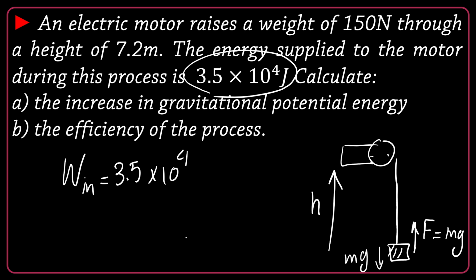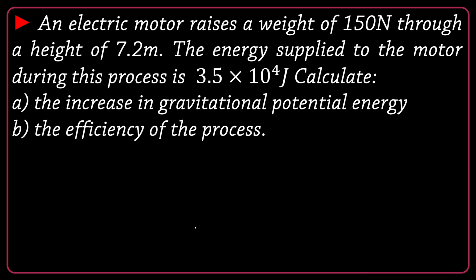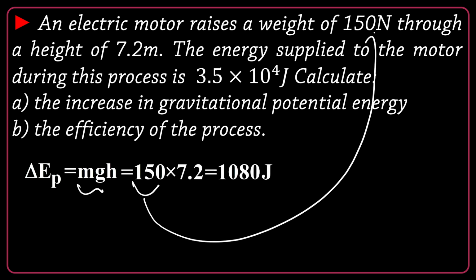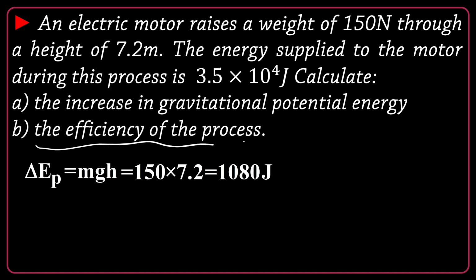So this is going to be mgh, change in potential energy, of course, gravitational potential energy. So let's do it like that. I will substitute for the mg the 150 that is given directly here. And 7.2 is the total vertical displacement. It's 1080 joules.